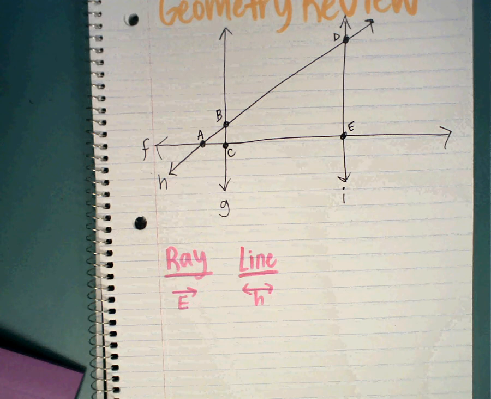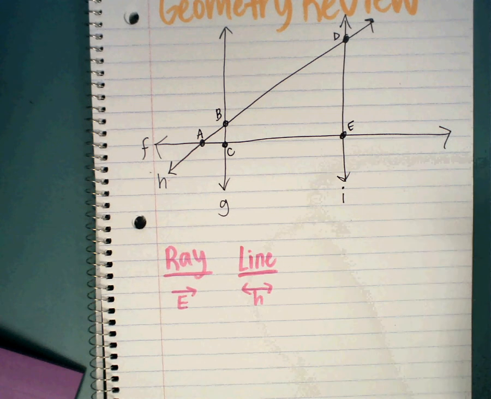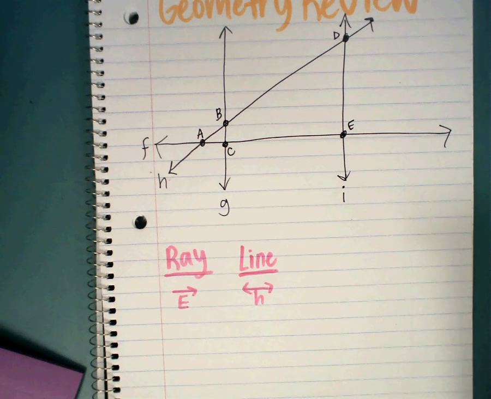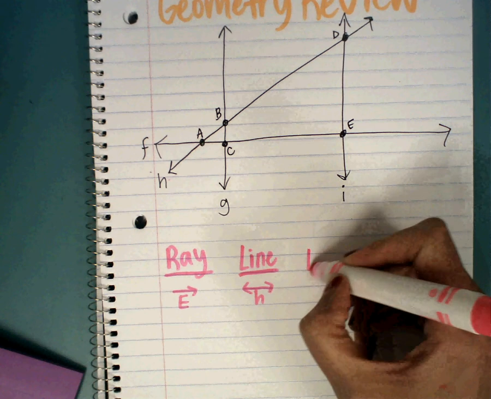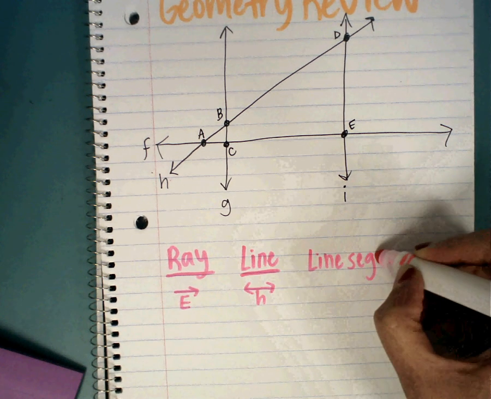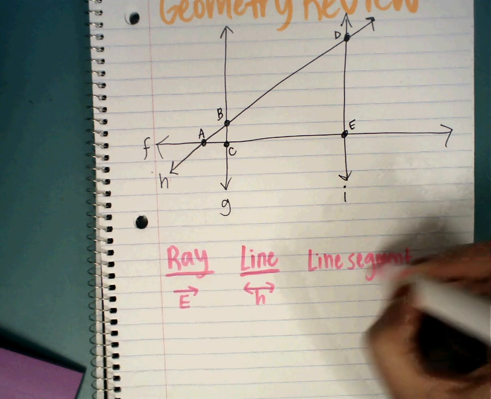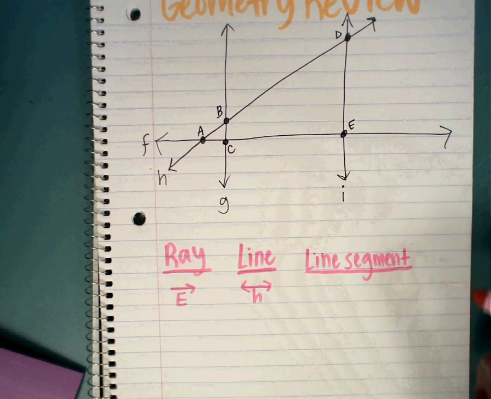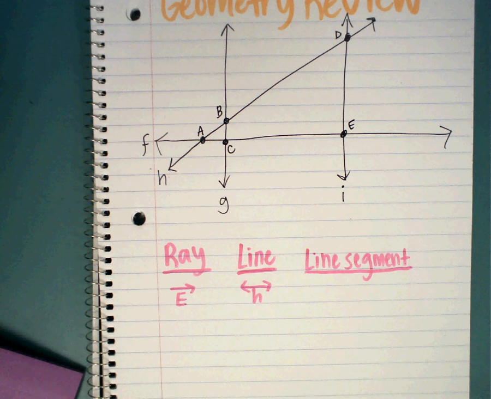Okay. Now let's do a line segment. A line segment, what does segment mean? Segment means that it's a piece, okay? Just a small piece of a line. So a line segment has a point on both sides, meaning it's just that one little slice, okay?